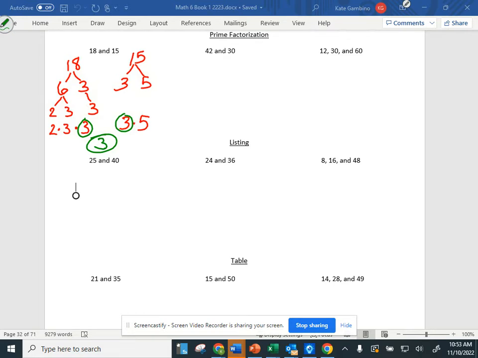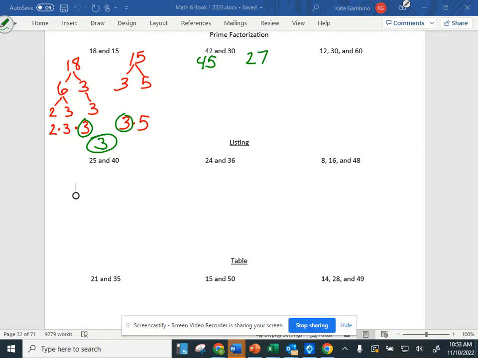We are going to put some numbers onto our paper, or onto our whiteboard, or the paper next to you. Let's do 45 and 27.